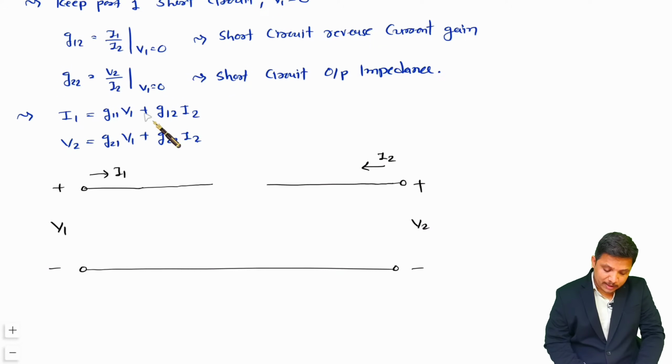Now if you see these 2 equations carefully, the first equation is based on current, and it is with respect to input, as I1 is there. So here we should apply KCL. I1 is G11 V1. So what is G11?